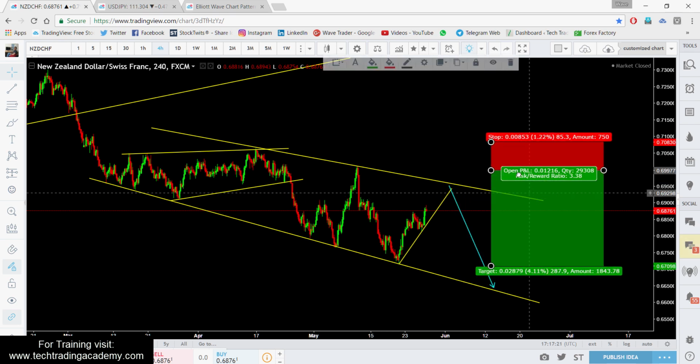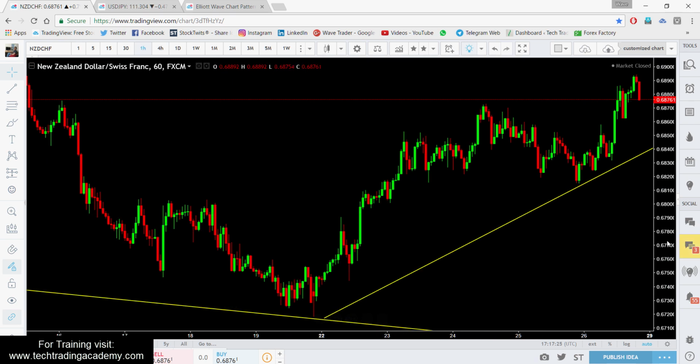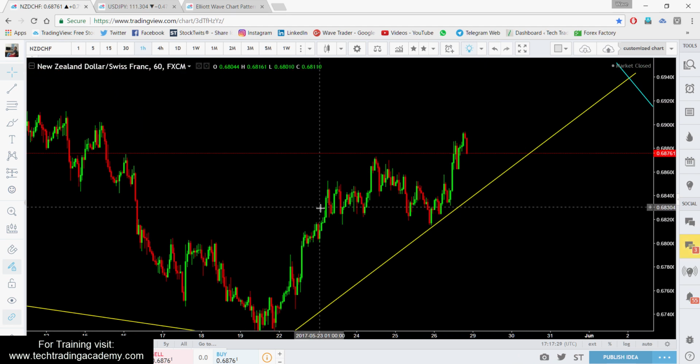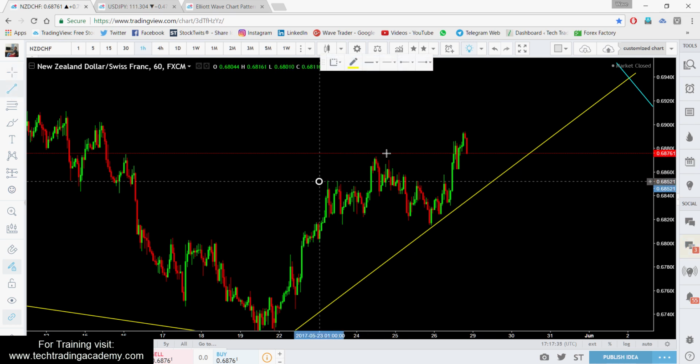Let's look at the formation. What kind of formation are we having currently? It looks like an expanding triangle formation.